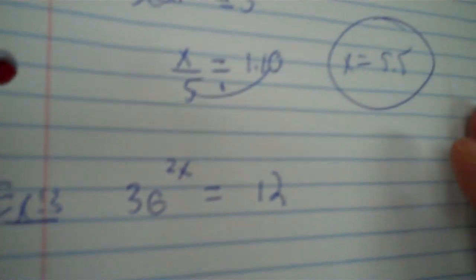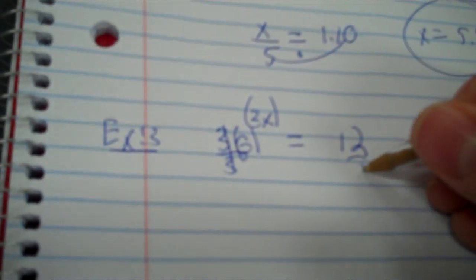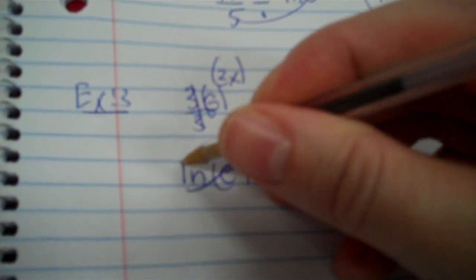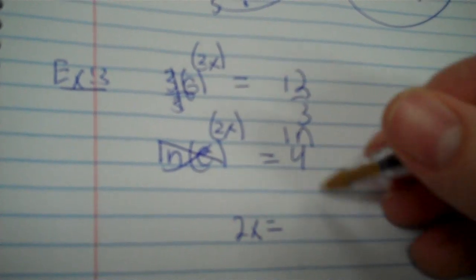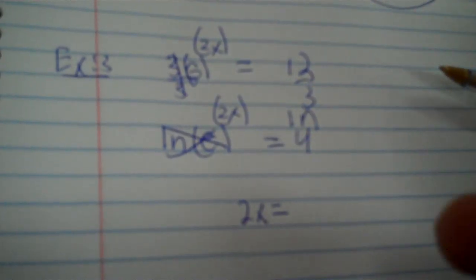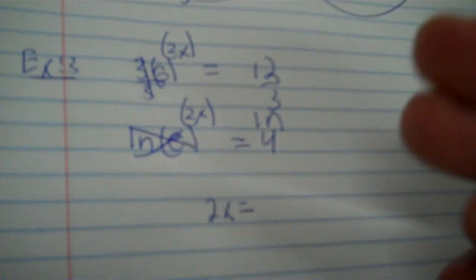3e to the 2x power equals 12. So I parenthesize the e. We've got to get rid of this times 3. So we divide by 3, and that takes that side to 4. I have e to the 2x power. Now to eliminate the e variable, I use the natural log. And now I have 2x equals, not 4, you've got to remember to take the natural log of 4. 1.39.